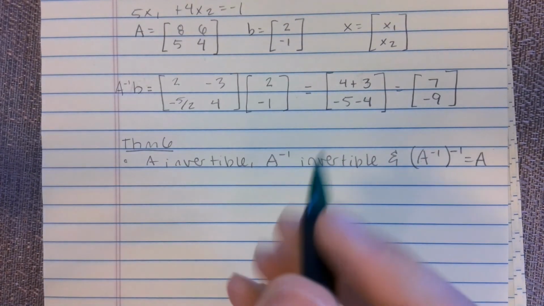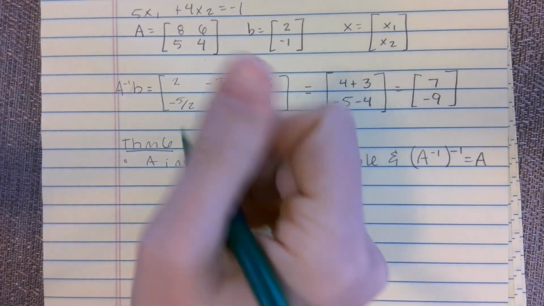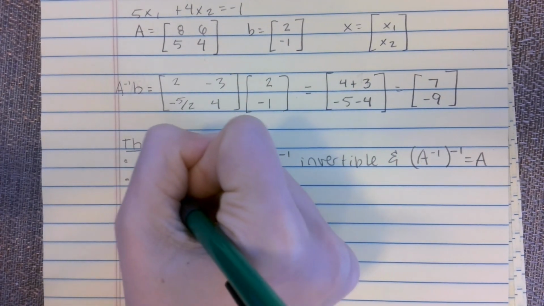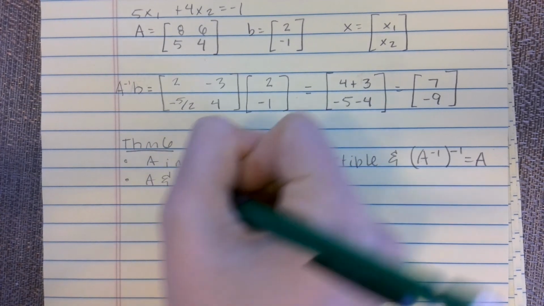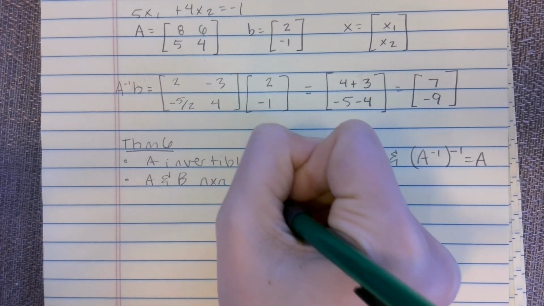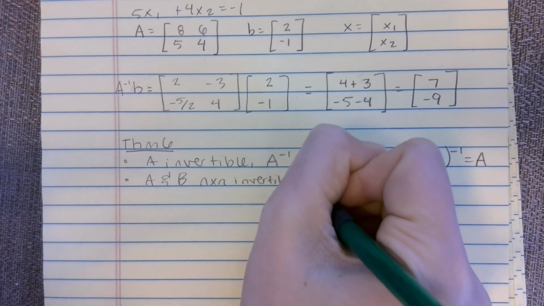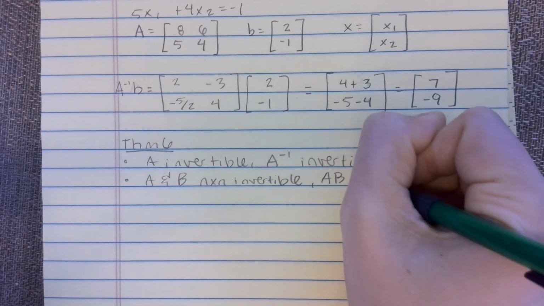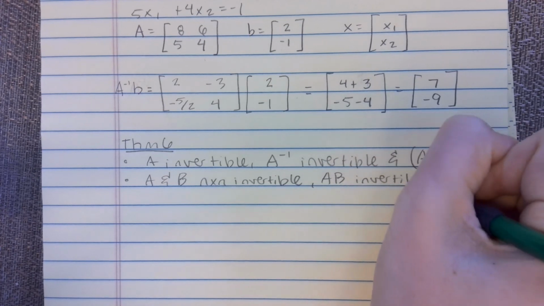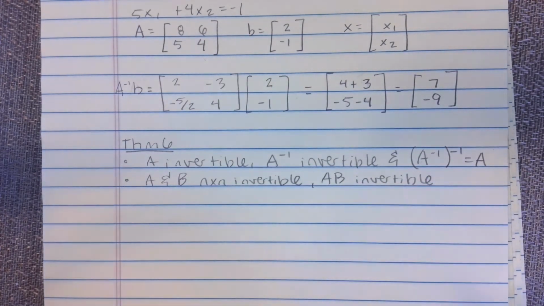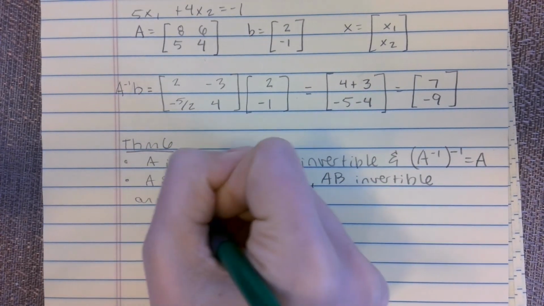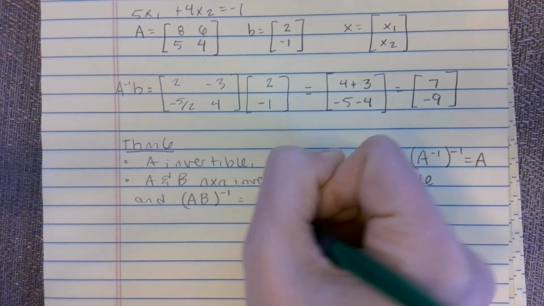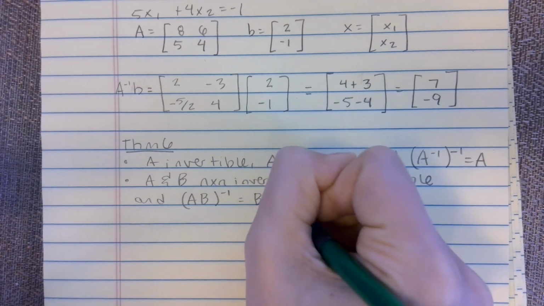Second thing, and this kind of feels like the transpose that we talked about last lesson: if A and B are n by n invertible matrices, AB is then also invertible, and the inverse of A times B is the multiplication of their inverses in the reverse order, which is exactly the way the transpose works.